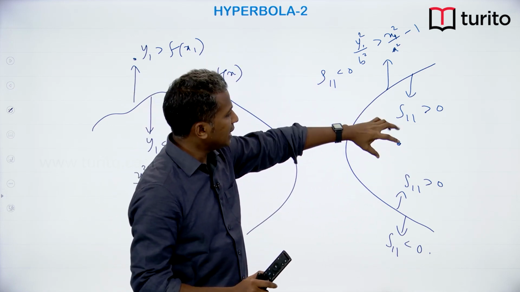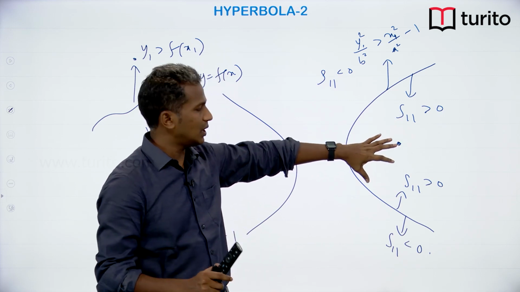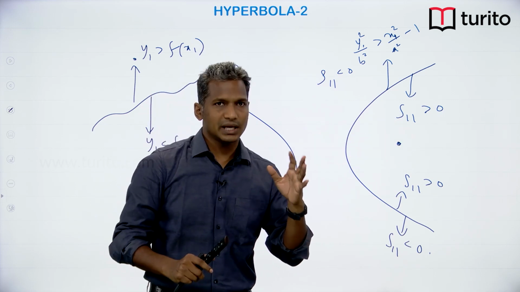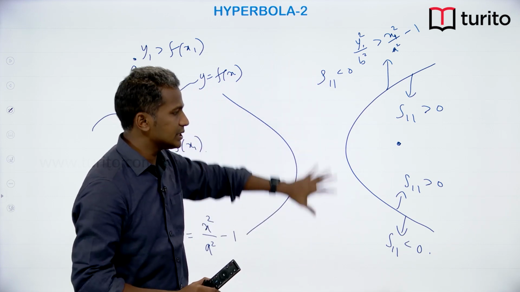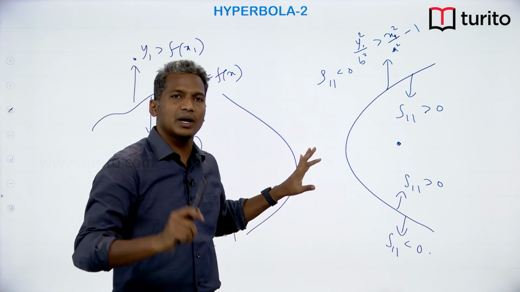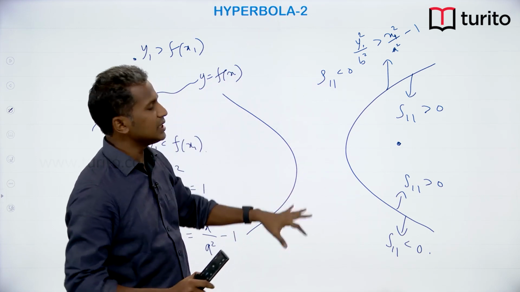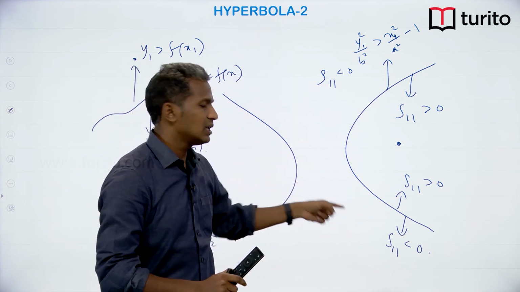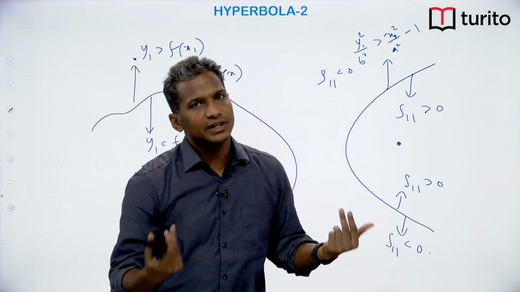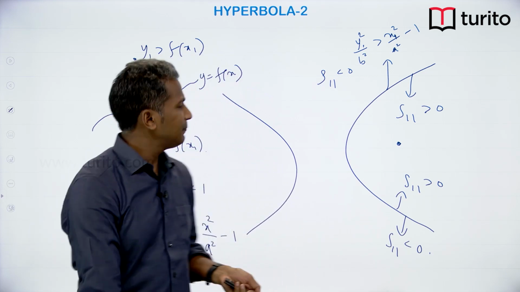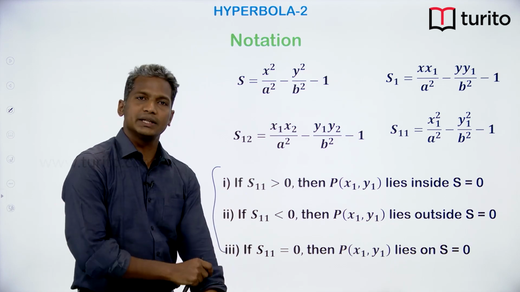So, we can say that if the point is inside the hyperbola, S11 must be greater than 0, and this region which is between these two branches, we take as the exterior of the hyperbola. So, for the exterior region S11 must be less than 0. Now, what about the points on the curve? Of course, S11 must be equal to 0. That is what we have listed here.